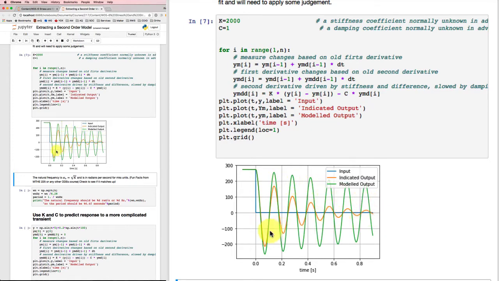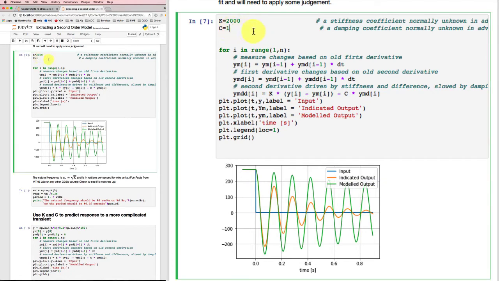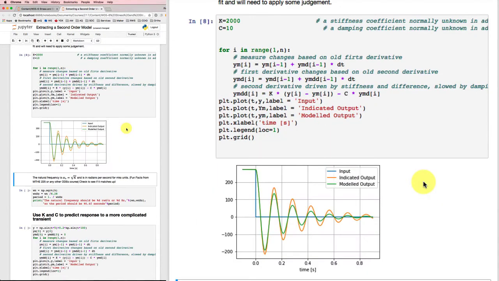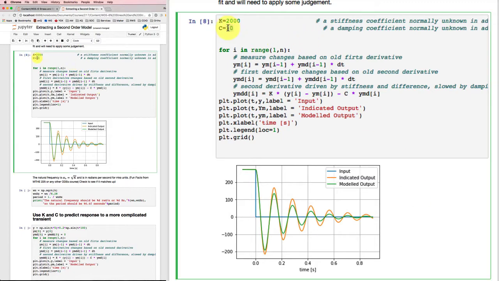But the damping isn't right. So now I know that I need to increase the damping for this green line to damp out faster. So let's make that 10 instead. Oh, it's damping out too fast. Let's make it 8.